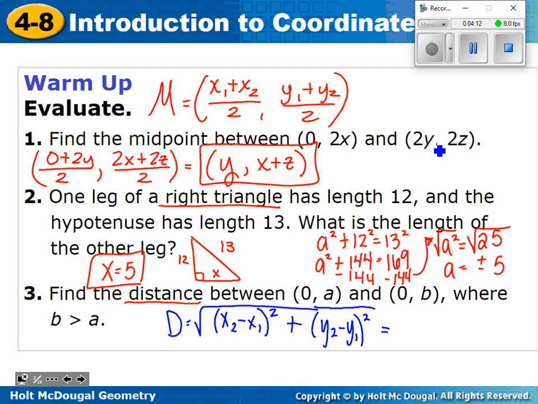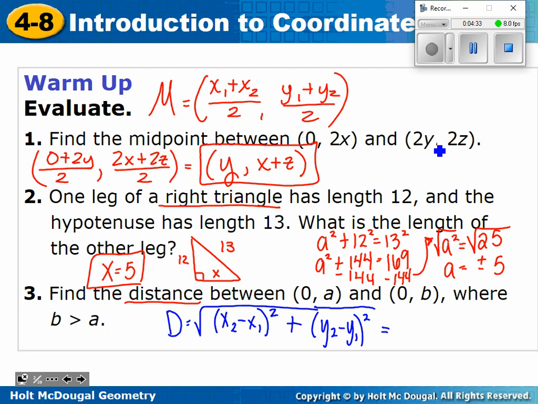Okay, so then they tell us that b is greater than a. So before we plug this in, normally it wouldn't matter whether you do 0 minus 0 or the other direction. Wouldn't matter if you did a minus b or the other direction, b minus a. But they want you to keep in mind that b is greater than a.